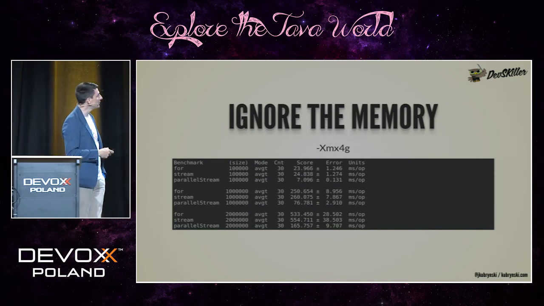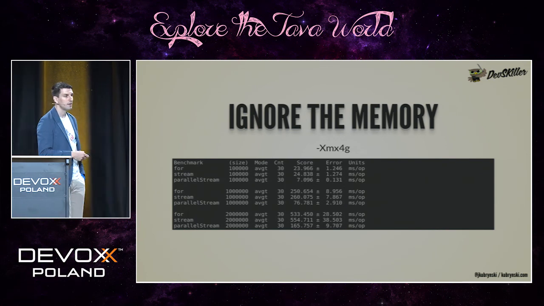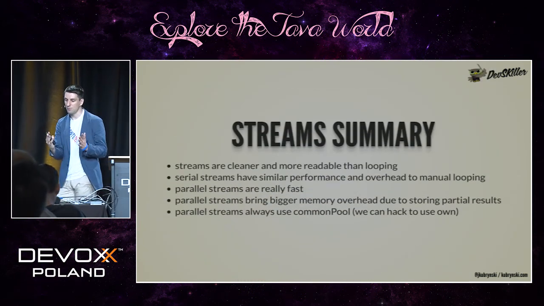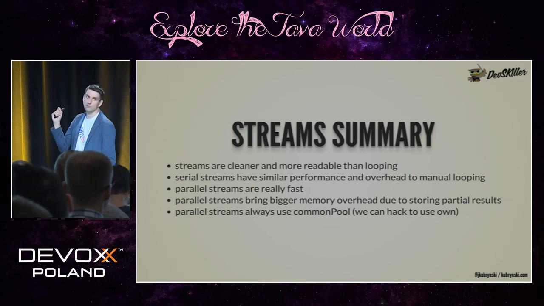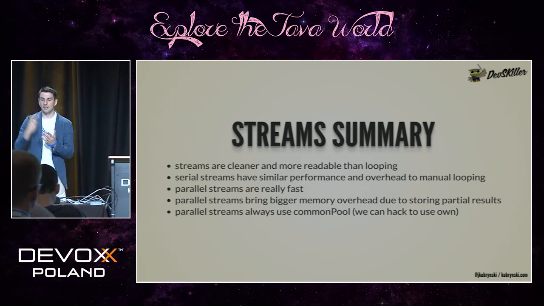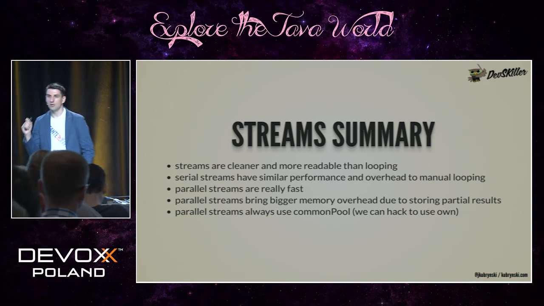And if I just ignore the memory, then it's one more time like 4 times faster, which is cool. So let's sum up. Streams are definitely cleaner and more readable than looping. Serial streams have similar performance and overhead to manual looping.